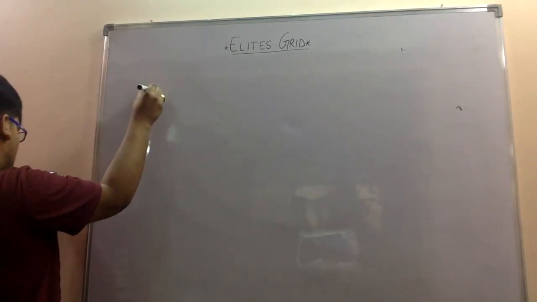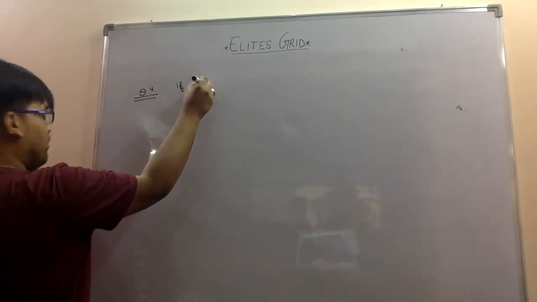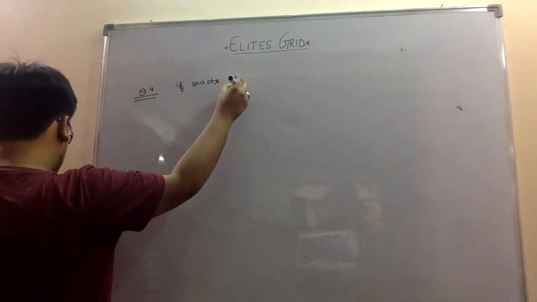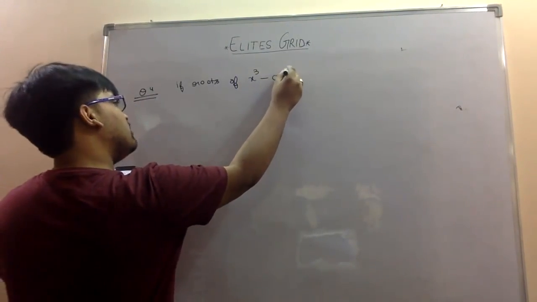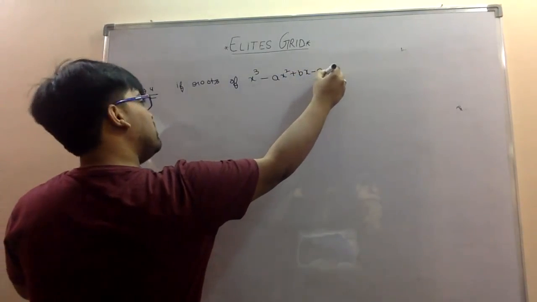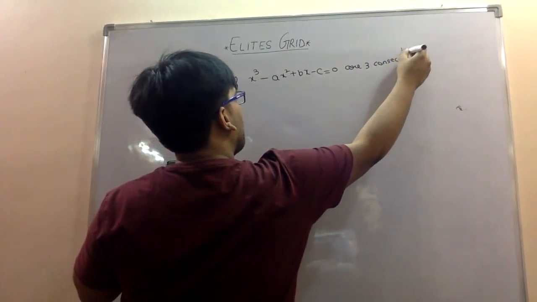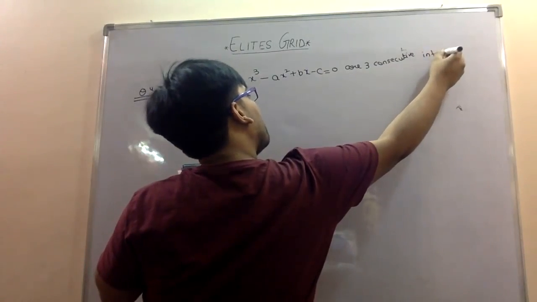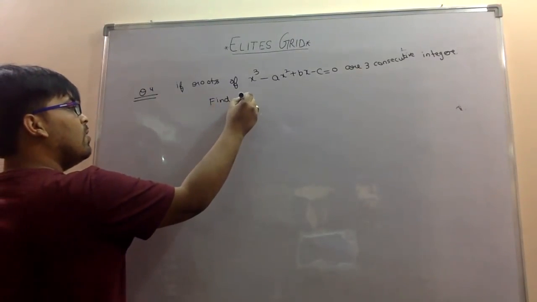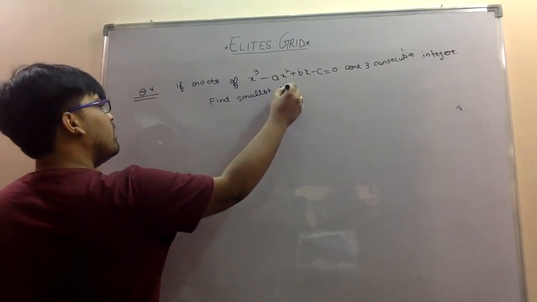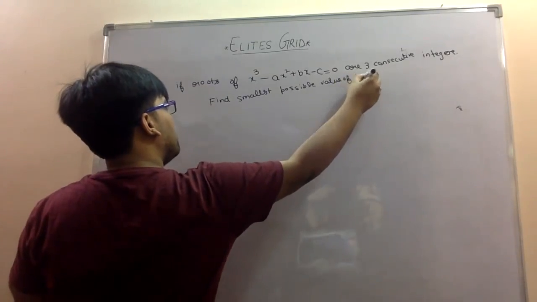ठीक है, question number 4. If roots of x cube minus ax square plus bx minus c equal to 0 are 3 consecutive integers, find the smallest possible value of b.